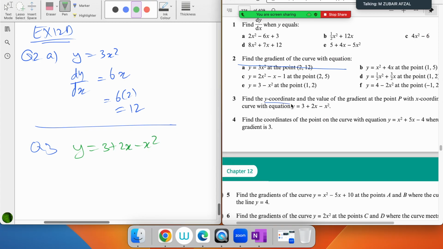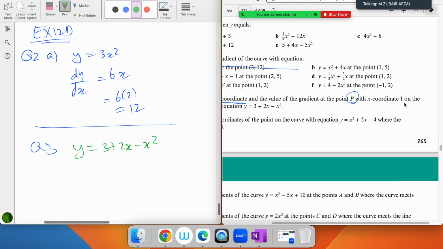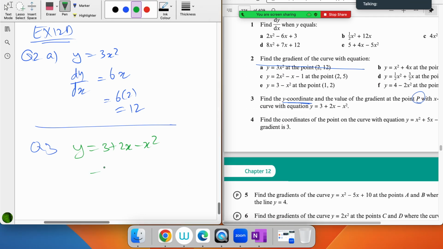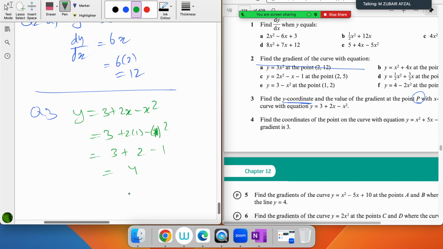Find the y coordinate first, and the value of gradient at point P with x coordinate 1. When the x coordinate is 1, we substitute 1 and we get 3 plus 2 minus 1, 4. So when x is 1, y is 4.